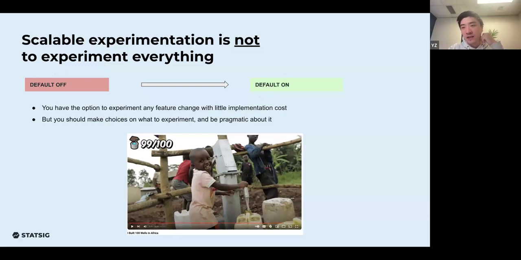You shouldn't just randomly generate ideas and try which ones work. You should still be very thoughtful about your product development, but you have the option to experiment any feature change with little implementation cost. Just like when you have the well, you don't keep the water running all the time. You know when to shut down the water, but you have the option to turn the water on when you want to.